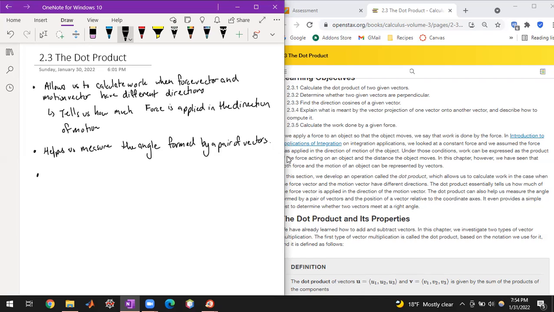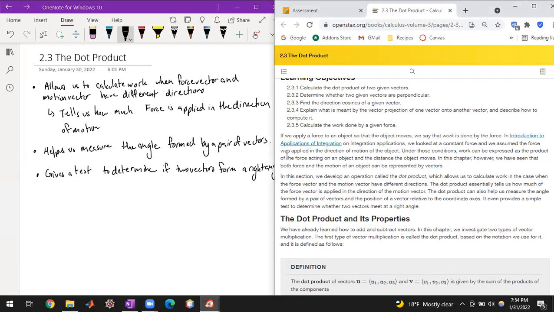These are all the things that we can expect to see in this section. All right, so let's talk about some of its properties.